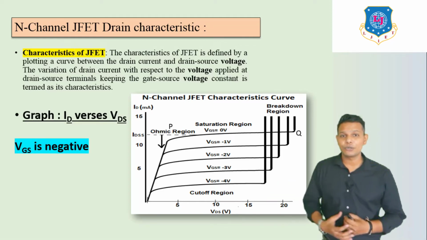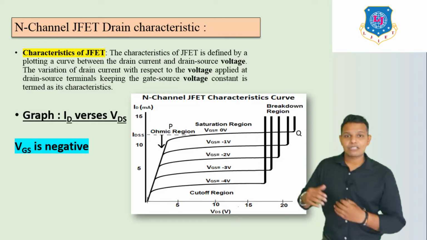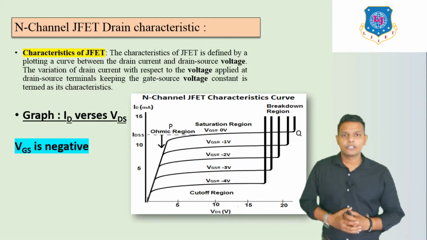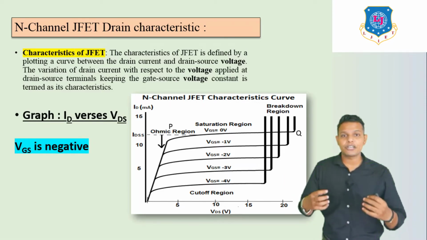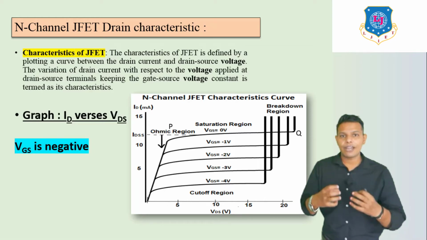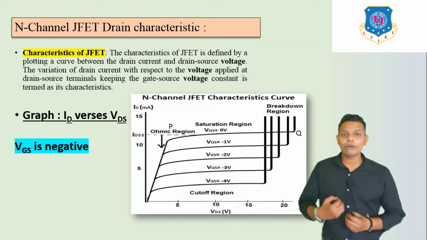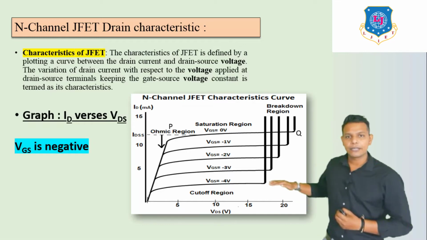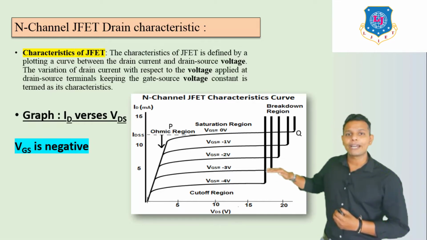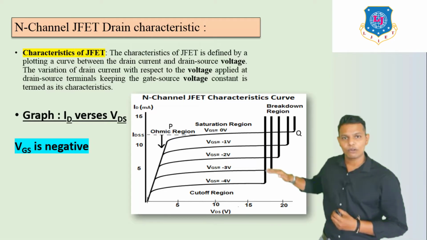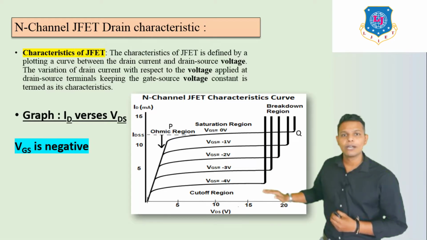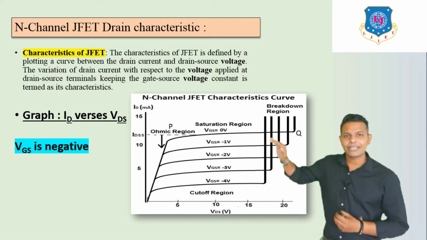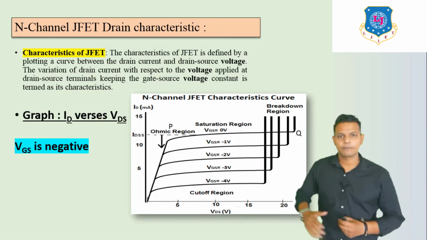It becomes reduced because, as we have seen in our previous lecture, the width of the depletion region increases when you give more and more negative voltage. So from VGS equal to -1 to -4, ID, that means drain current flow, is reduced.